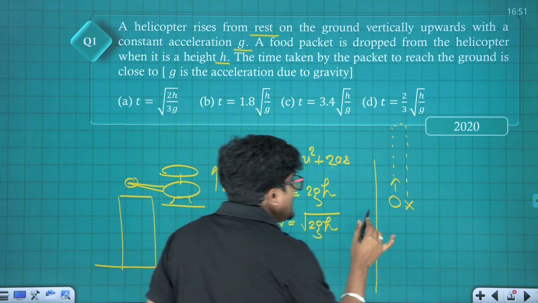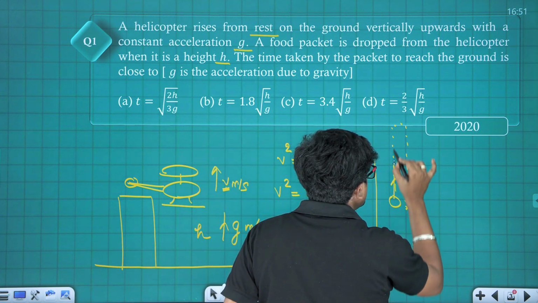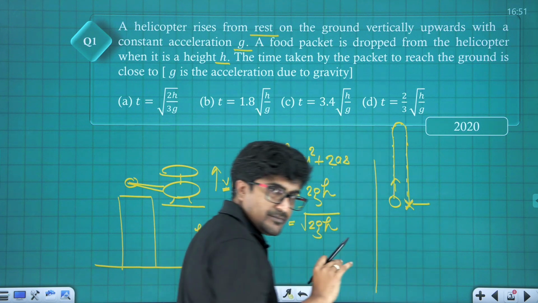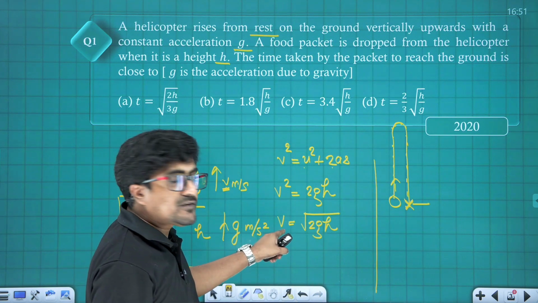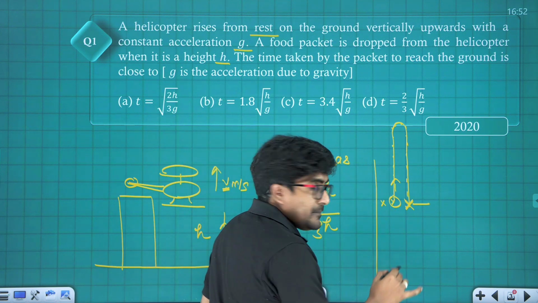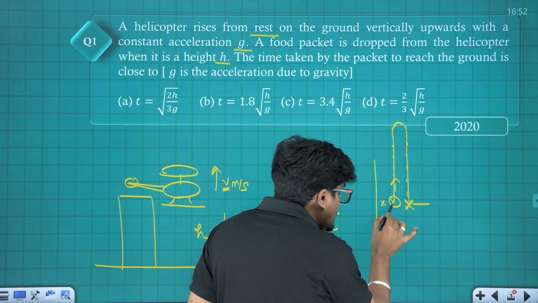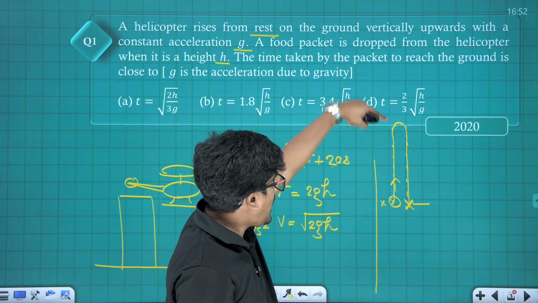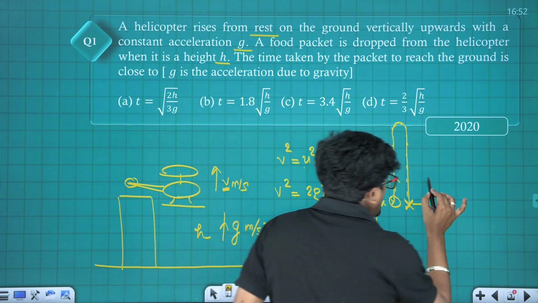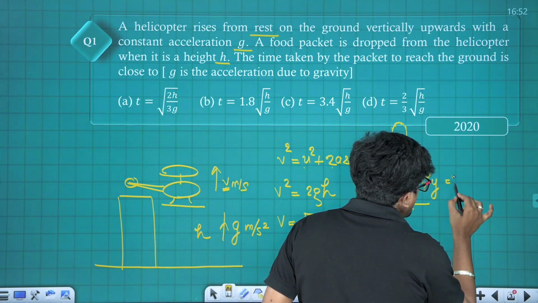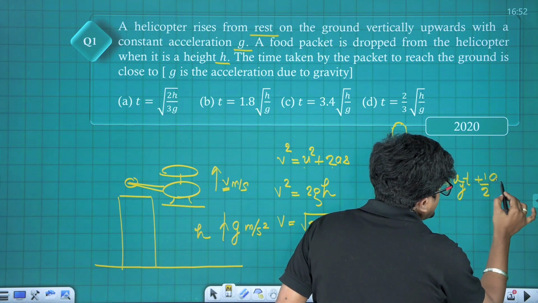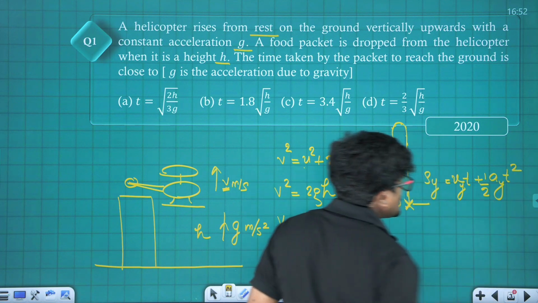Now let me first calculate the time taken for this journey of the food packet to the maximum height and back onto the same height. The initial velocity is this. If I calculate this particular journey starting from here, the displacement of the food packet is going to be 0. It went up and is coming back. So I can say displacement along y-axis is initial velocity along y-axis into time taken plus half of acceleration along y-axis into time taken square.